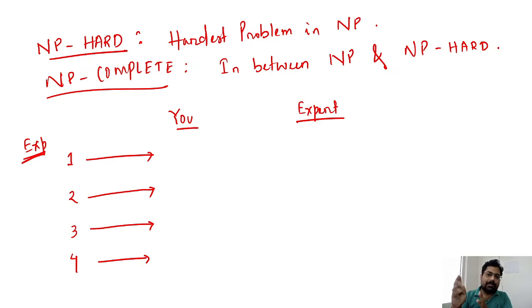You want some expert shooter, or expertise in shooting. Suppose the example is one person standing, and you have to do the headshot only. You have to touch the head, the gun point should be on the head part.